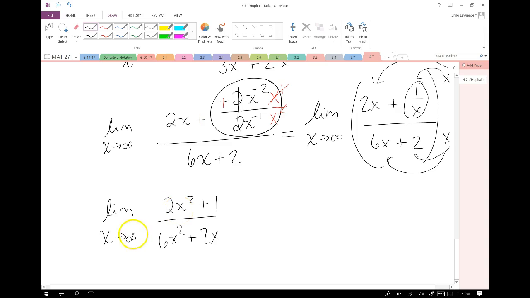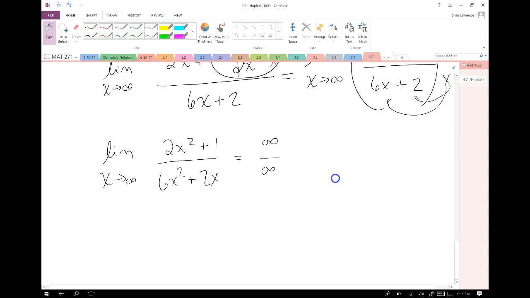Now if you plug in infinity, you're going to get infinity over infinity. Indeterminate. Take the derivatives and try again. Limit as x approaches infinity of 4x over 12x.